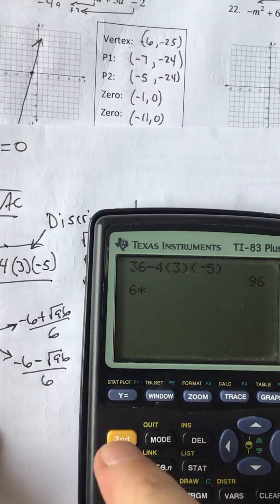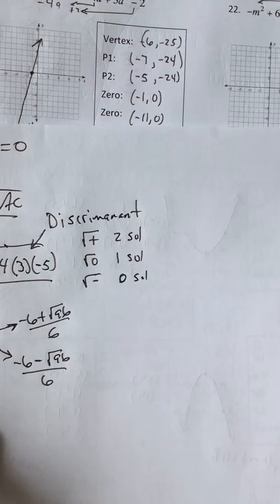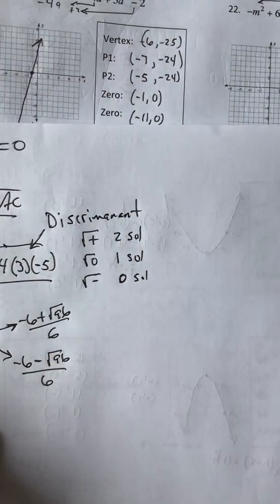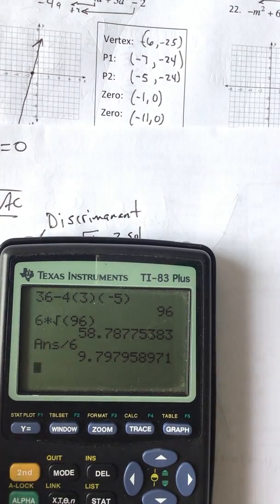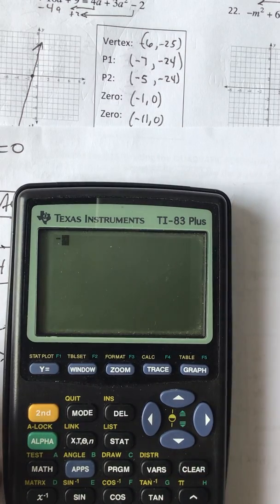Okay, so let's see what that is. Now you got to hit enter here so that you get the answer to the top, then divide it by 6. So 9.8. Oops, that's not right. Let me try that again. I didn't type that in right. Negative 6 plus the square root of 96.